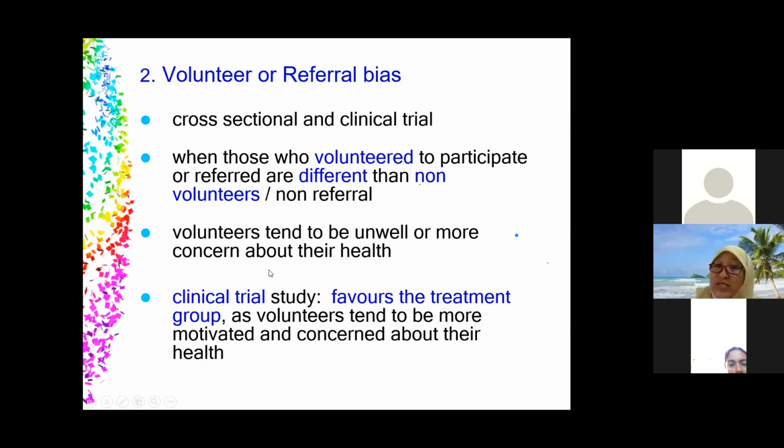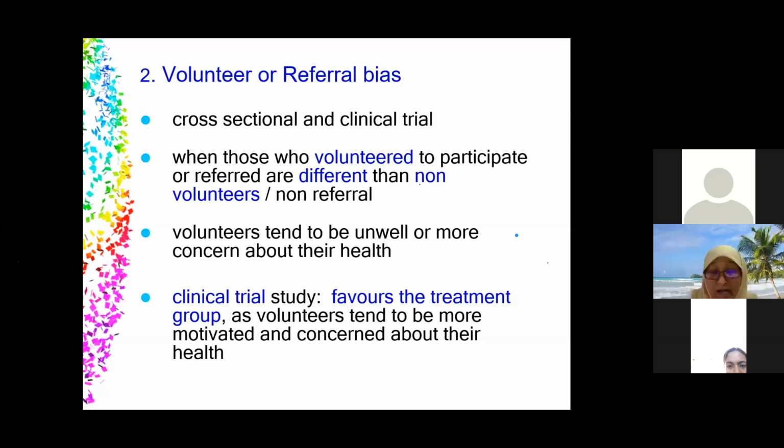Because when we have volunteers in cross-sectional or clinical trial especially, volunteers normally are the ones who are unwell, kan. Kalau orang yang dia rasa dia ada sakit ni, they are more concerned about their health. Imagine if you are doing a clinical study, you are trying to test a new drug or a new treatment method, and you have volunteers coming for your study, and dia dimasukkan dalam grup yang treatment baru. Of course, your result will favor the treatment group.